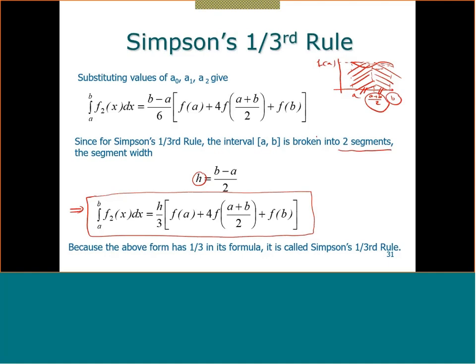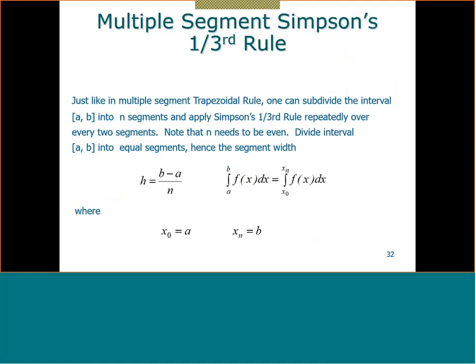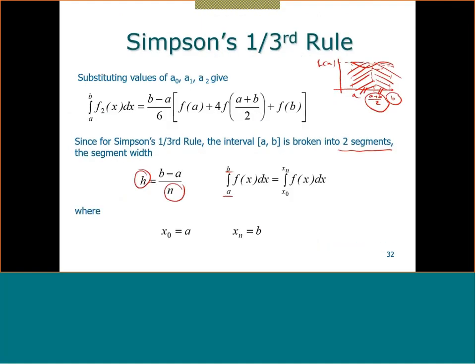Now, as we did for the trapezoidal rule, we can expand this for n number of segments. Here I can do the integration from A to B. Now h becomes (B minus A) over n. As I mentioned, the minimum number of segments is 2, so this could be (B minus A) over 2 as we have it here.